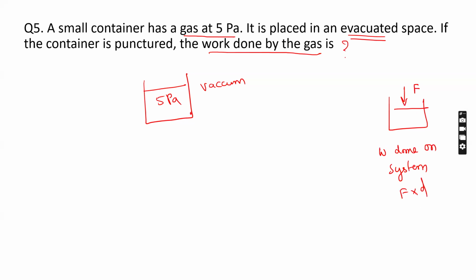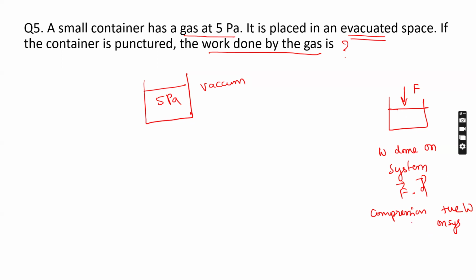Actually, it's a dot product, F bar into D bar. So when F bar and D bar are in the same direction, for example, when compression is happening, then it's positive work on system.